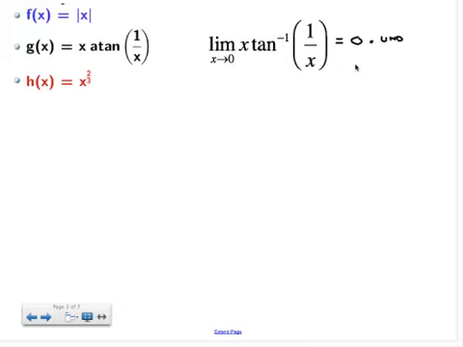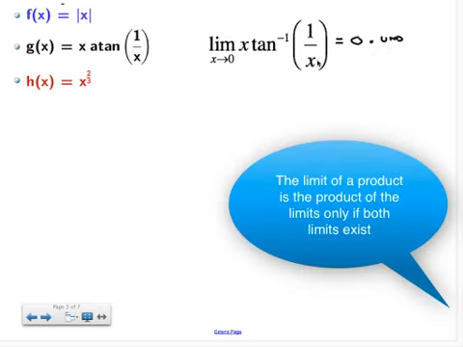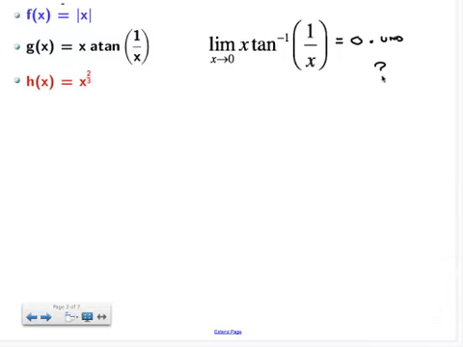So this limit, at the moment, cannot be evaluated. We can't say it's 0, and we cannot say it's undefined, because it's not just a 1 over 0 problem. You also have 0 out in front here. So this is a question mark at the moment. We can't just evaluate this by methods we've already seen.